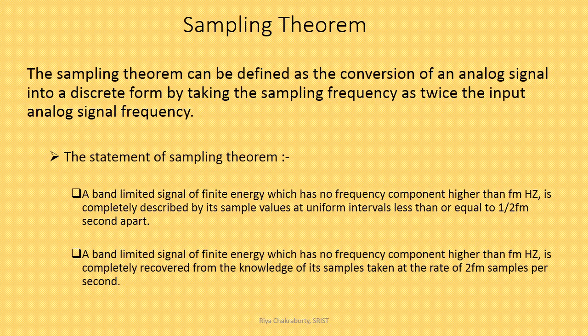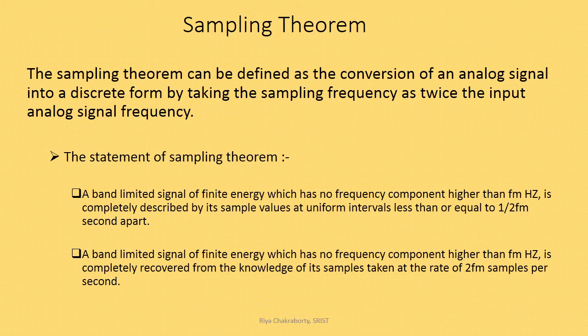A sufficient number of samples of the signal must be taken so that the original signal is represented in its samples completely. Also, it should be possible to recover or reconstruct the original signal completely from its samples.